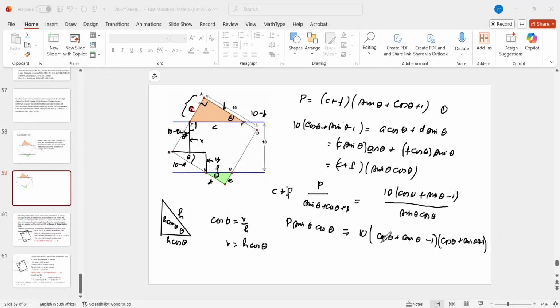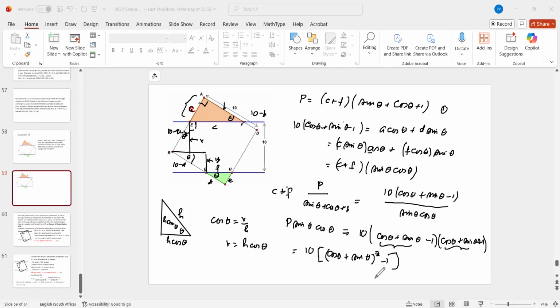So here you've got x minus 1 into x plus 1, where the x is cos theta plus sine theta. So this is, by difference of two squares, this is 10 into, I'm just going to multiply these. x minus 1 into x plus 1 is x squared minus 1.